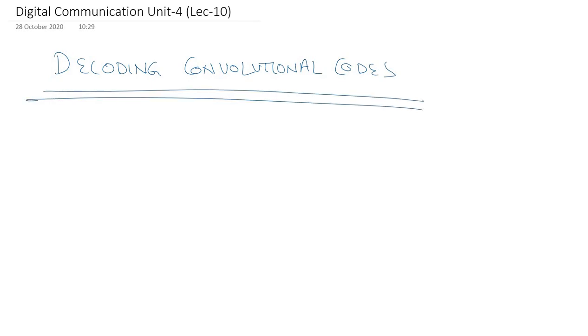In this video lecture we will discuss the decoding part of convolutional codes, which is a very important topic for your exams. This decoding of the convolutional codes will adopt the Viterbi algorithm method.